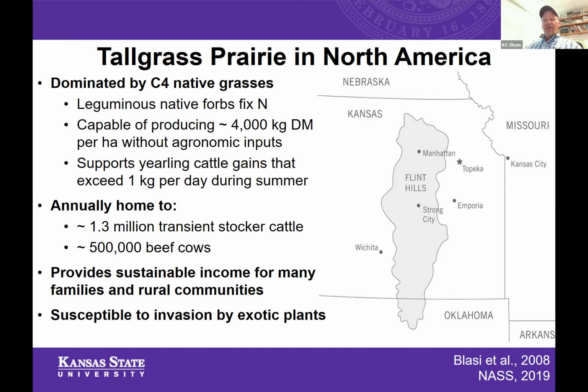What that does for the rural communities of the Flint Hills is provide a stabilizing influence. All of our friends and neighbors, directly or indirectly, are pulling their living from this agricultural marvel.